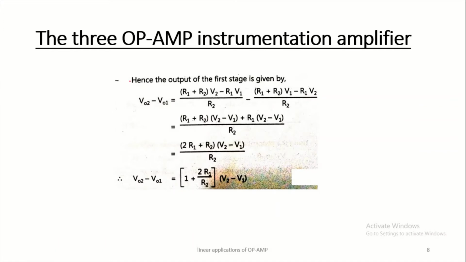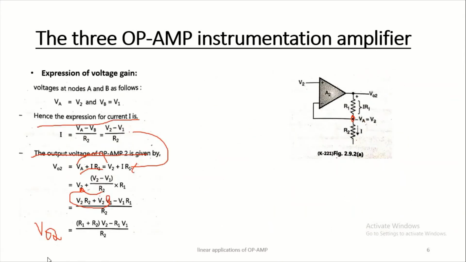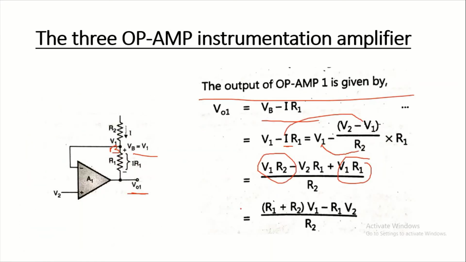Now the output of the first stage. In the first stage there are two op-amps, op-amp 1 and op-amp 2. The output of op-amp 1 is V01 and the output of op-amp 2 is V02. So the overall output of the first stage is denoted as V02 minus V01. So we write these two equations, the output V02 minus the output of op-amp 1, V01.